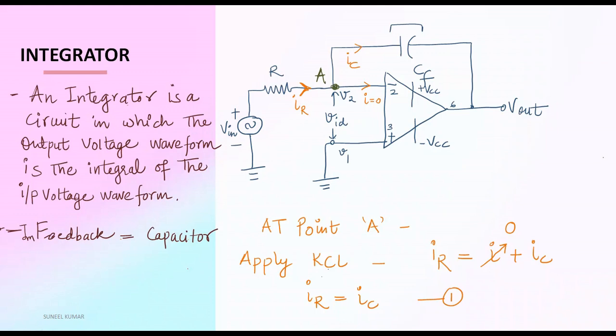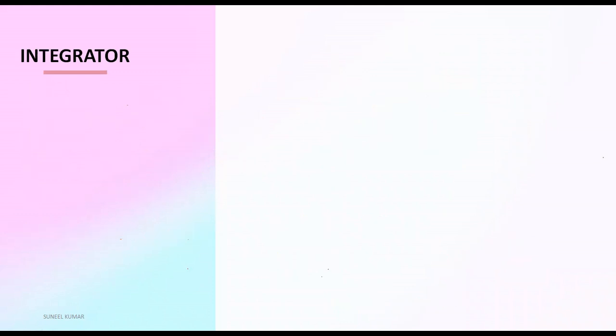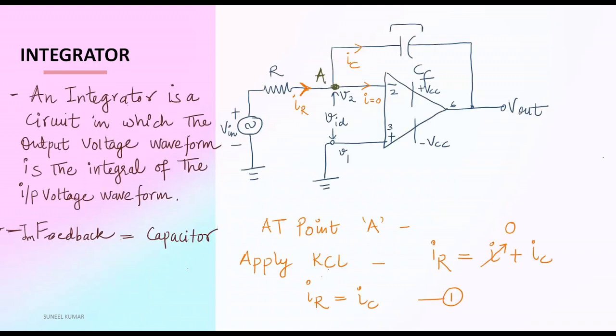Now we will write the values of these currents. From equation 1, the current flowing through this resistance R is equal to the current flowing through the capacitor C. So what will be the value of IR?